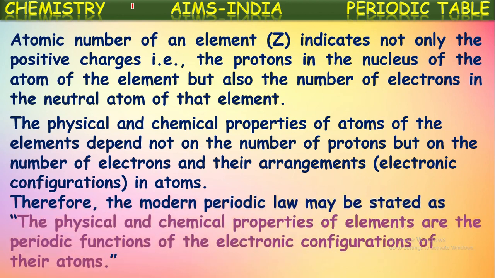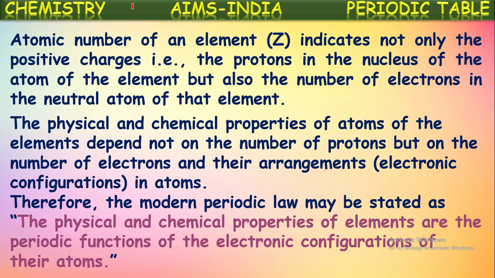Yes. Therefore, the modern periodic law may be stated as: the physical and chemical properties of an element are periodic functions of the electronic configurations of their atoms. Yes, instead of atomic number, we can say electronic configuration also. So both atomic number and electronic configuration are taken into consideration while constructing this modern periodic table, because the properties of the elements depend upon the electronic configuration of that atom.